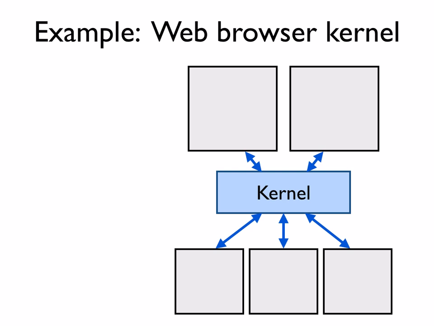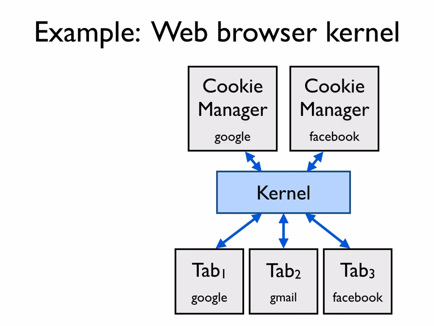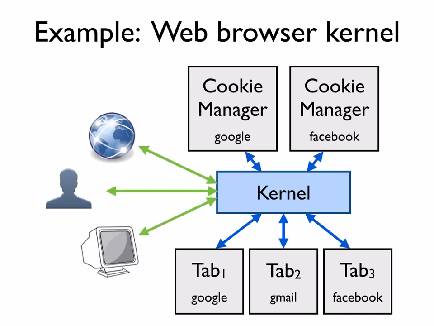So in this architecture, each tab runs as a separate sandbox process, and for each domain on which a tab is opened, there's another separate sandbox process that stores cookies for that domain. And finally, there's a single kernel which mediates communication between these components and provides access for these components to outside resources such as the network, user input, and the screen.